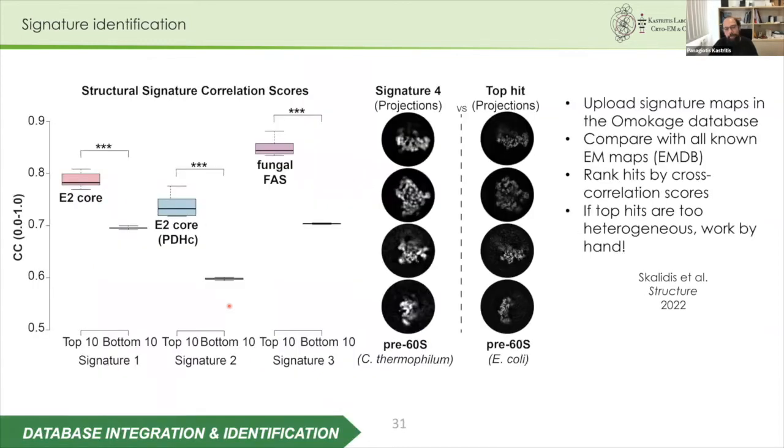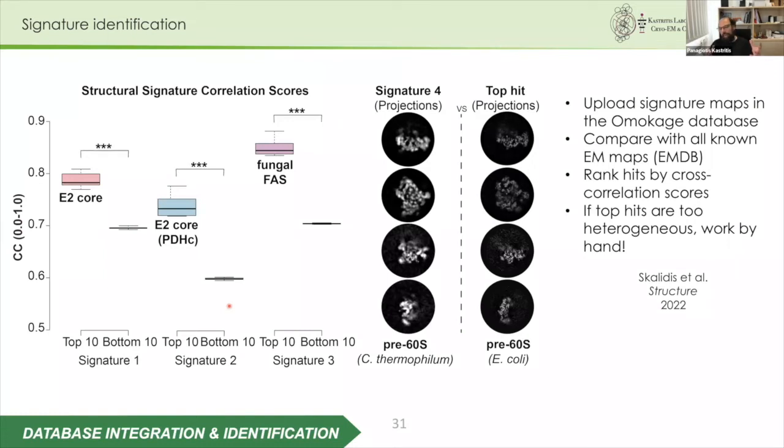Here, what we did is something very interesting: the PDBJ, the PDB Japan, has a tool called Homology, and what this tool does is quite important.